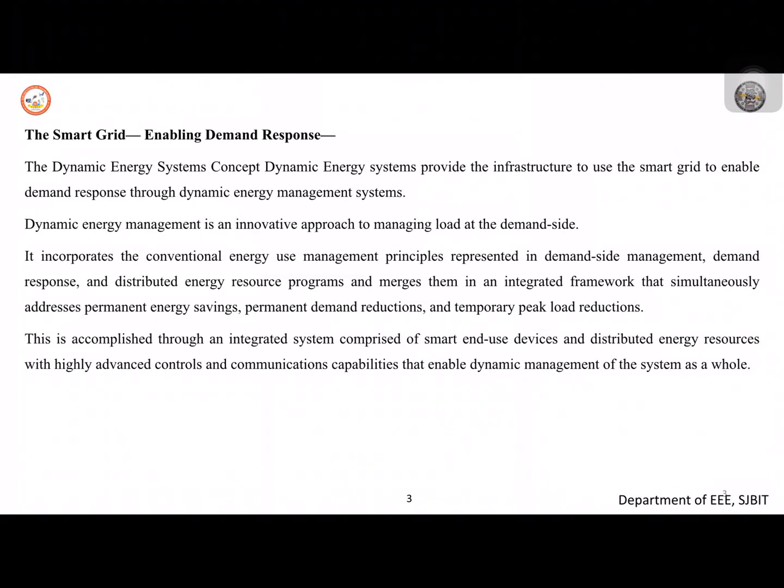So dynamic energy management provides the infrastructure to use the smart grid to enable demand response.